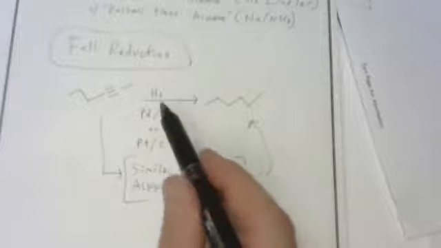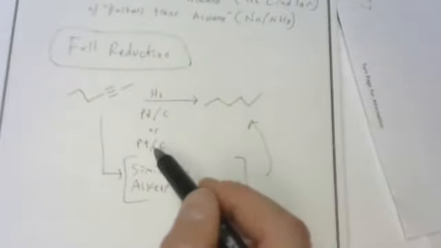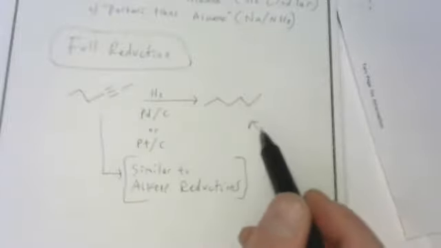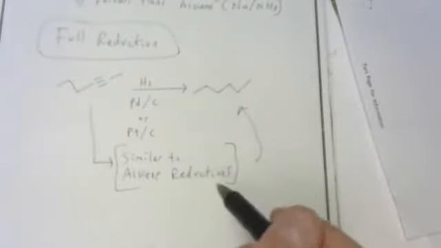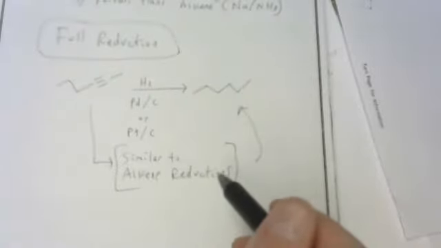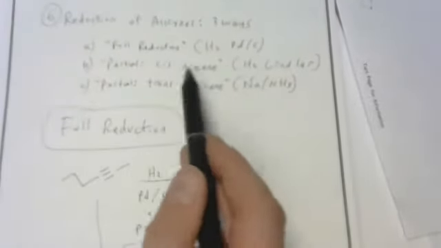But it's essentially the hydrogen gets absorbed onto palladium or platinum, and then it just gets delivered to reduce the alkyne. It'll be kind of like the Lindlar, which I'm going to show in a second. So that's the full reduction. Okay, let's go into the Lindlar now, the one that makes a cis alkene.